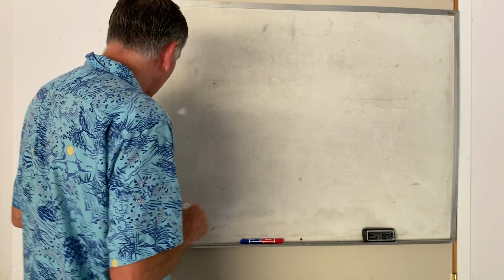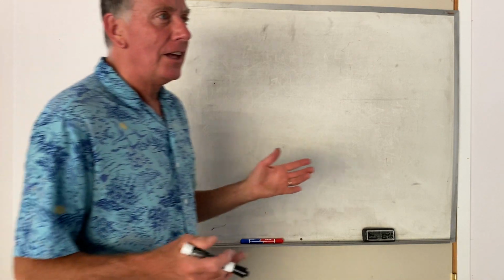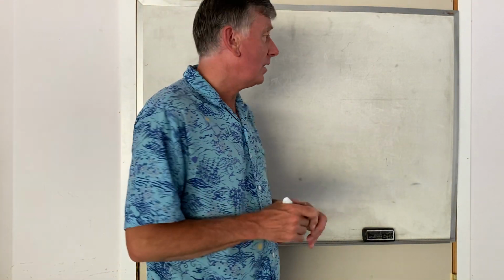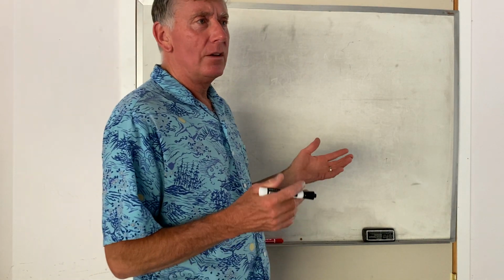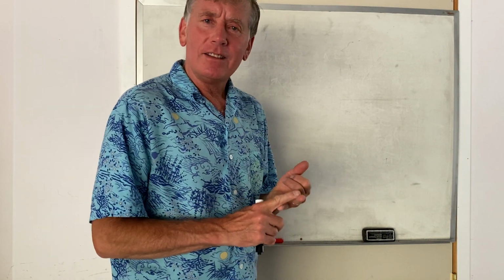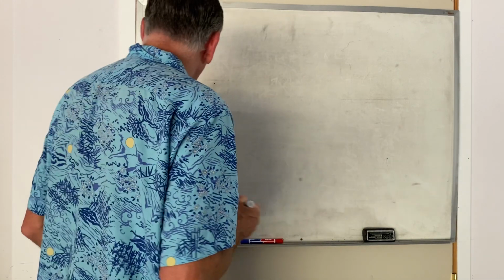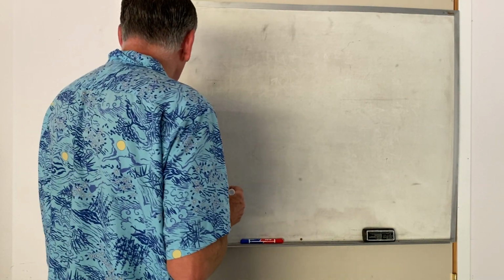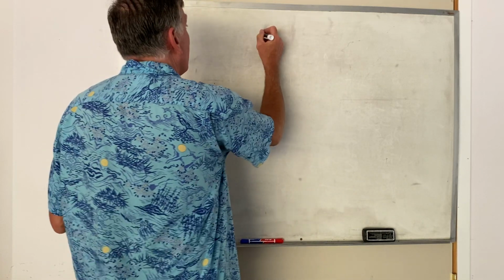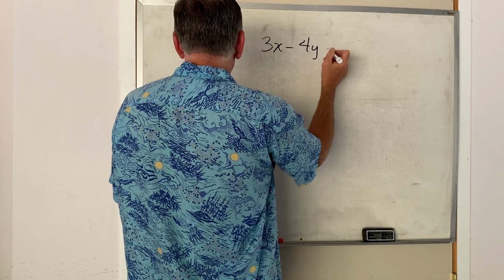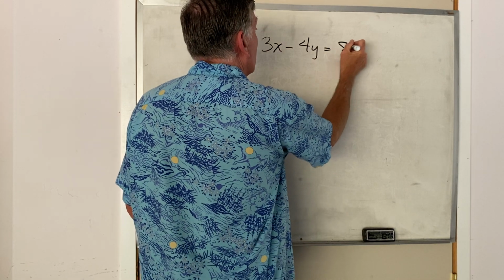Okay, we're going to first of all start talking about the graph of a function and how we have two entities called x and y that work together. Let's suppose that I have this equation, 3x minus 4y is equal to 8.